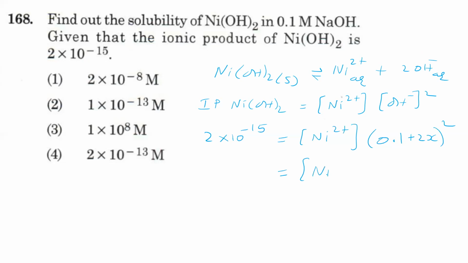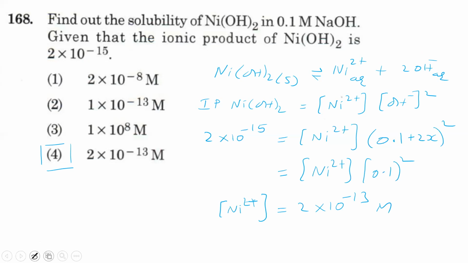So we write the concentration of nickel into 0.1 whole squared. The concentration of nickel is 2 into 10 to the power of minus 13 molar. This is the solubility of Ni(OH)2, so it is the fourth option.